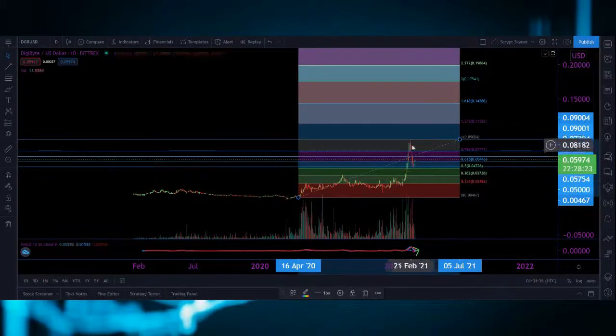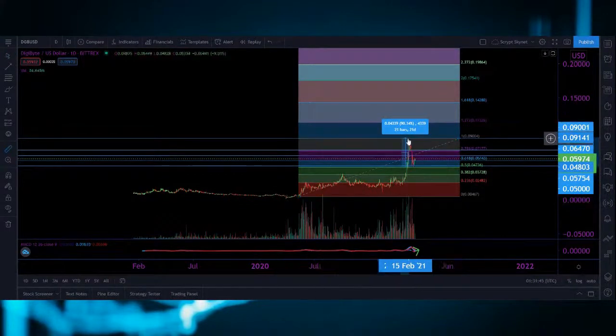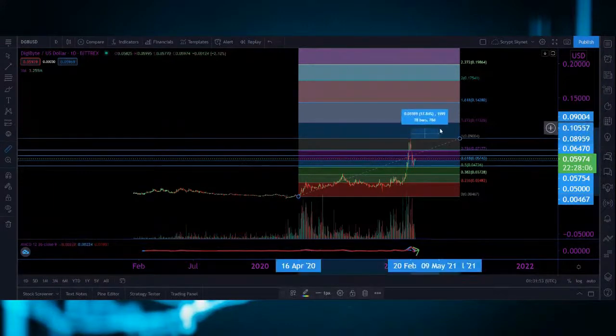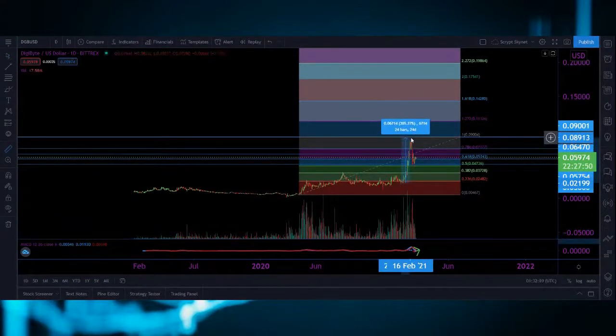And these measured moves right here, even if it got half this, guys, which is 90%. Oh wait, no, I'm sorry, half of that, right? Did I say that right? Hold on. Yeah, 90%.